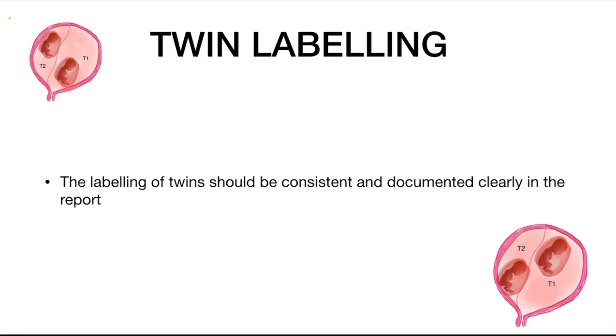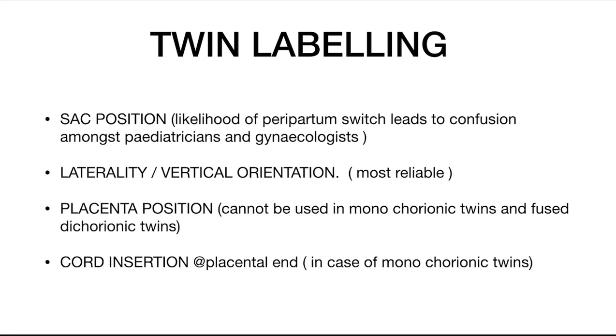This leads to claiming of the smaller twin as the larger twin in the subsequent scan and the larger twin as the smaller twin, and the sizes are swapped repeatedly, creating the confusion. So today we will read about an accurate method of twin labeling to do away with all of this confusion.